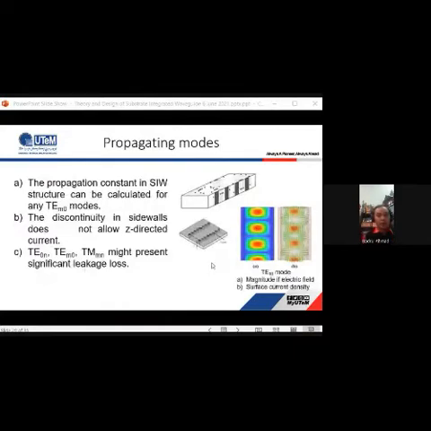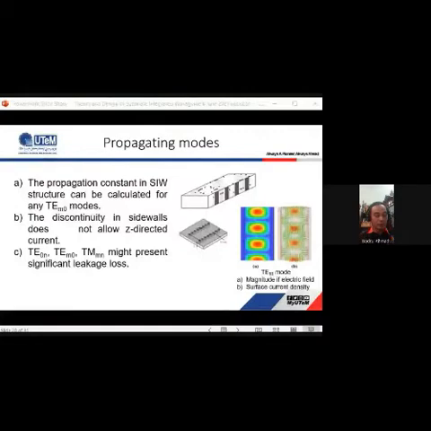Now we go into the propagating modes of the SIW. There are vias and gaps. If you look at the propagation nature, the current path distribution in the existing SIW sustains the fields within the vias, and the field is confined or contained within the two rows of vias. The SIW has a limited number of propagation modes. That's the disadvantage.